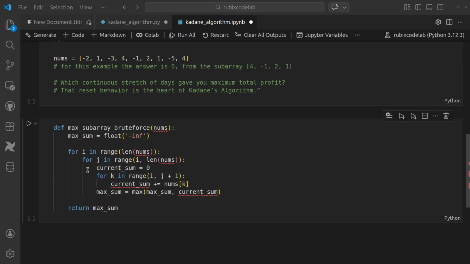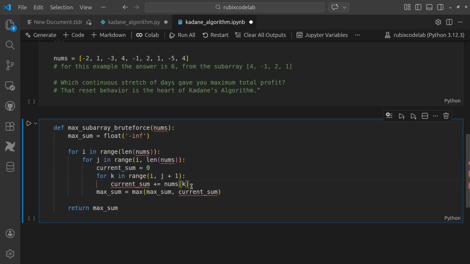Then with every possible ending index, and then we'll calculate the sum of that subarray. This works, but let's analyze the complexity. We have three nested loops if you look closely: 1, 2, and 3. And that gives us order of n cubed.